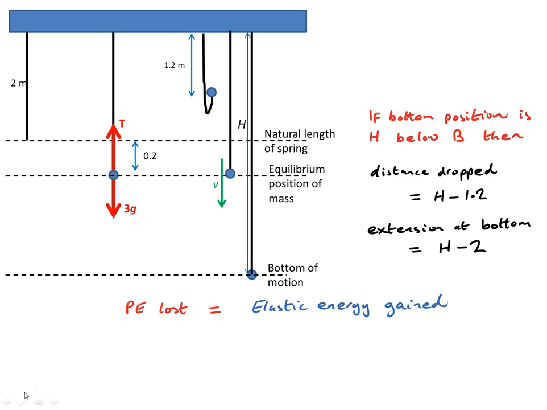So the potential energy lost is going to be mgh, so that's going to be 3 times g times the distance that we've dropped, which is h minus 1.2. The elastic energy gained is going to be lambda x squared over 2a, where x is h minus 2. So the elastic energy gained is going to be 294 times h minus 2 squared over 2 times the natural length, which is 2 times 2.